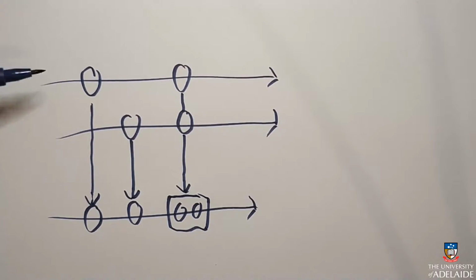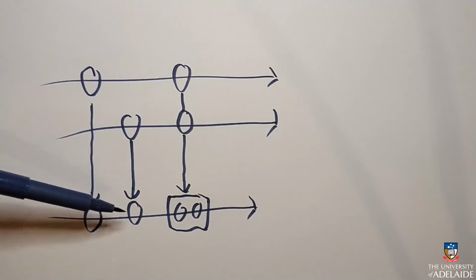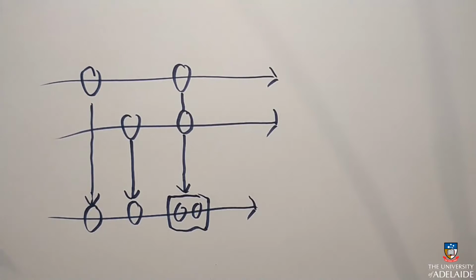In the merge, when events come through discretely on multiple different streams, then they are just added or combined into the same output stream. So you can have multiple input streams mapping to one output stream.